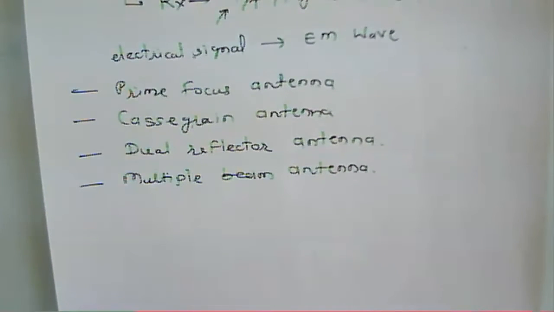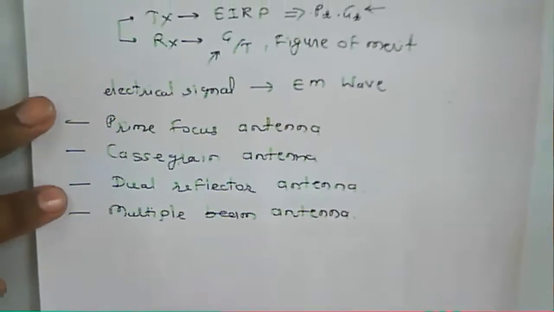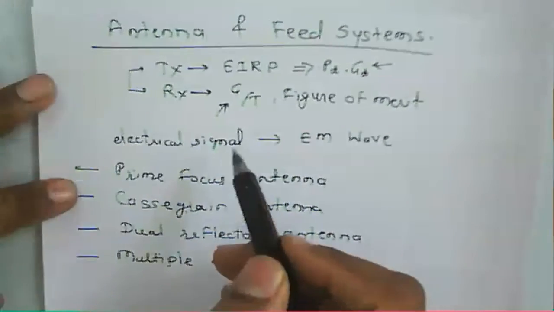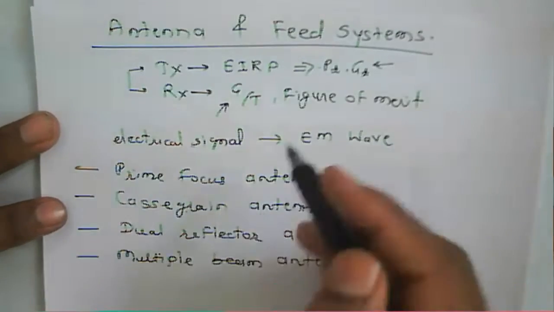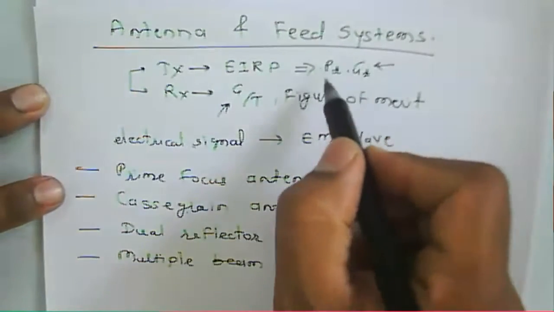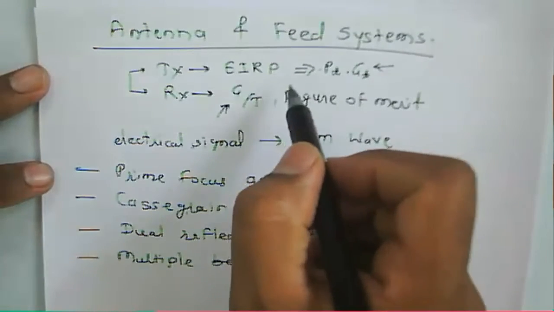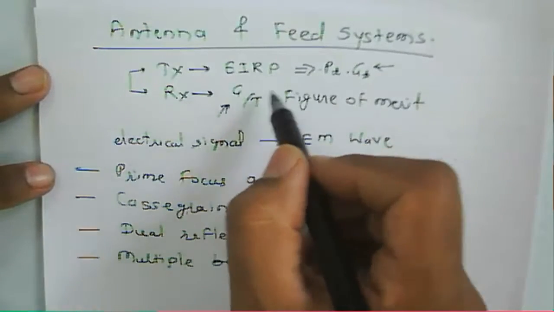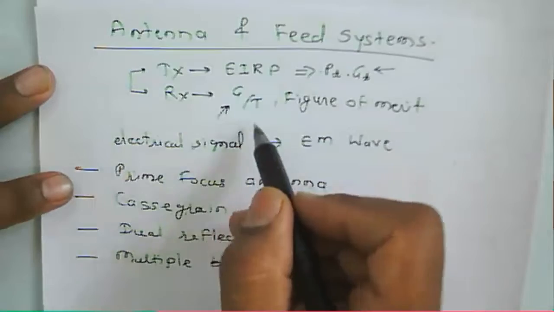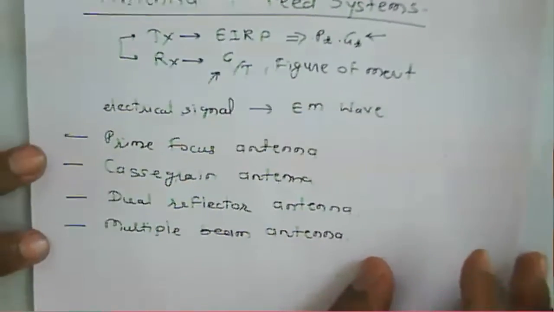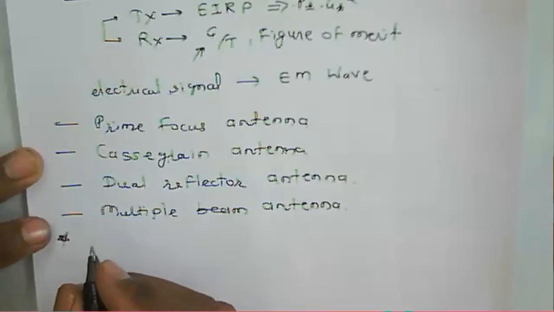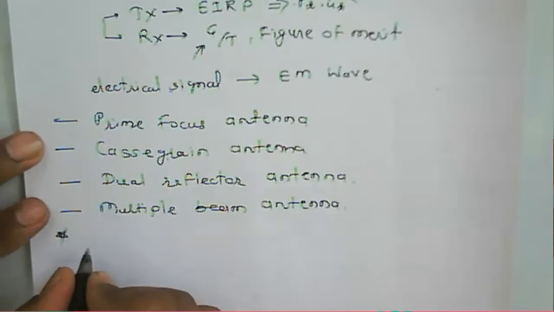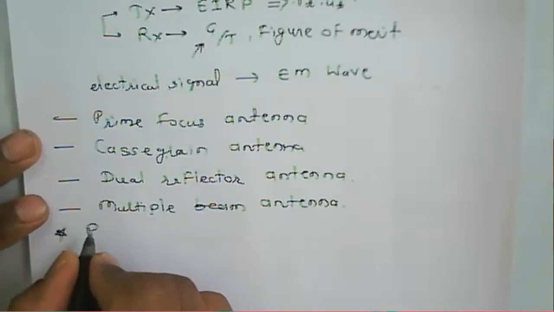Those are the various configurations that will be used for transmitting the signal or receiving the signal, or that will achieve the goal of high gain or high EIRP or high G by T ratio. So we will learn one by one here. That is about a primary focus or a primary focused aperture antenna.